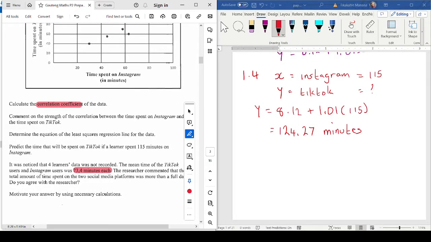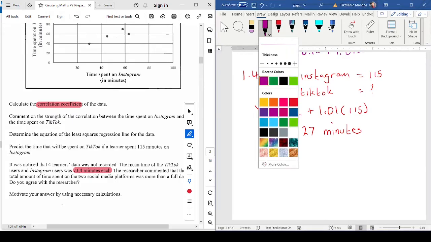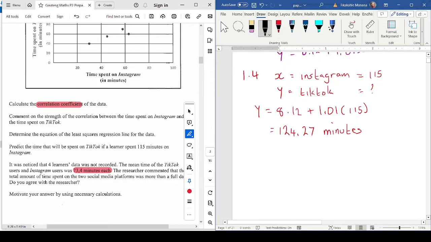So what we're gonna do for this question, let me just pick a black pen. It's 1.5. They told us the mean is 73.4, but how do we calculate a mean?